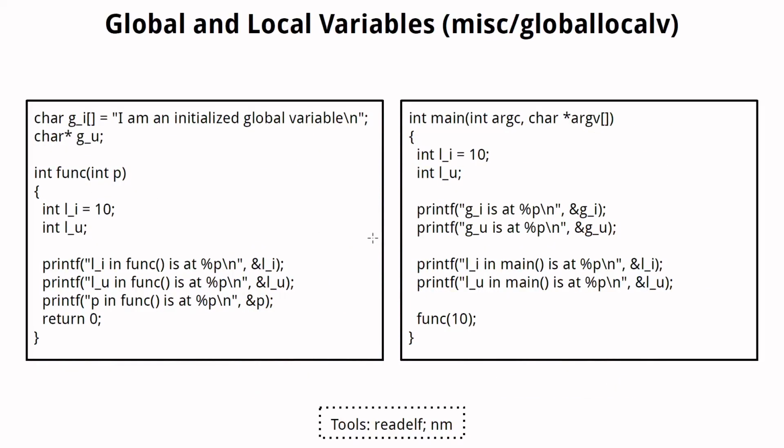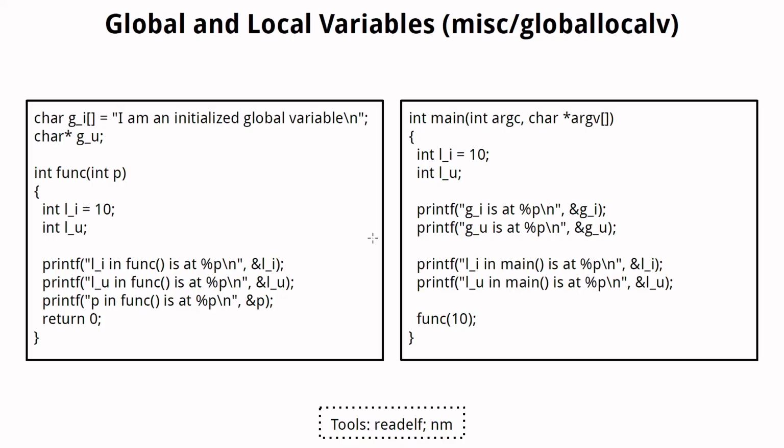Let's say a simple program here. We have a main function and a func function. Also two global variables. The first global variable is named g_i. G here means global. It's basically a string, right? So that global variable g_i is just a pointer in this case. Then we have another global variable, which is not initialized.